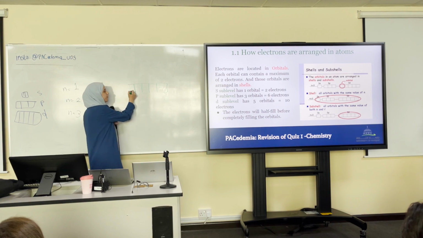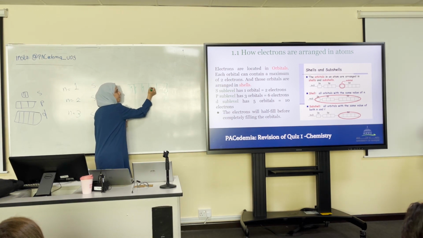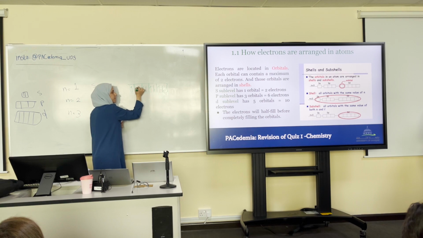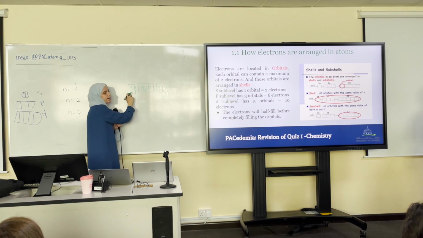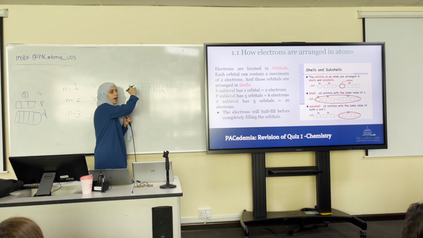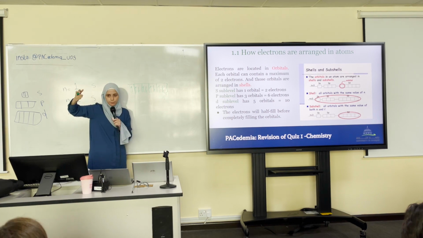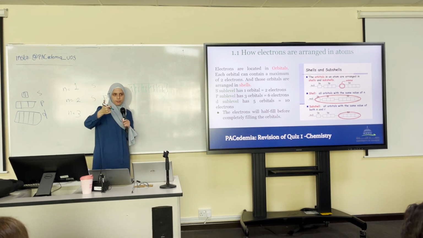You will start filling like this: up, up, up, up, up, then go down, for 1, 2, 3, 4, 5, 6, 7, 8, and 9. First of all, you will fill half of them, then you will complete them.